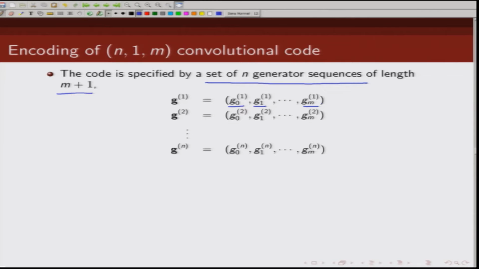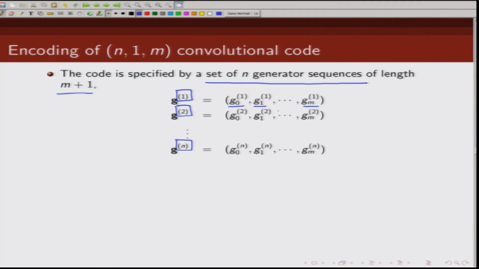You can see this superscript 1, 2, 3 and n corresponds to each of the output sequences. So, the first output sequence is specified by this generator sequence G1. The second output sequence is specified by this generator sequence G2, and the nth output sequence is specified by this generator sequence Gn. And what are these Gi's?